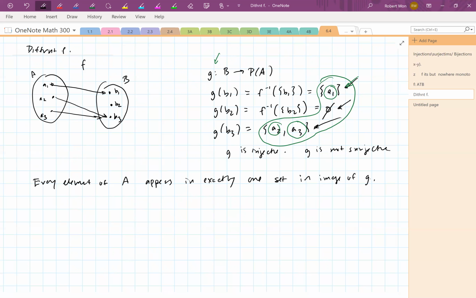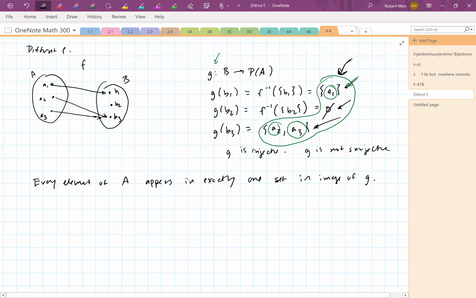Another way to say this, which means two things: if you take the union of all of these sets, you have to get all of A, because every element in A appears exactly once. So when you take their union, you get everything. And also these sets have to be disjoint from one another.